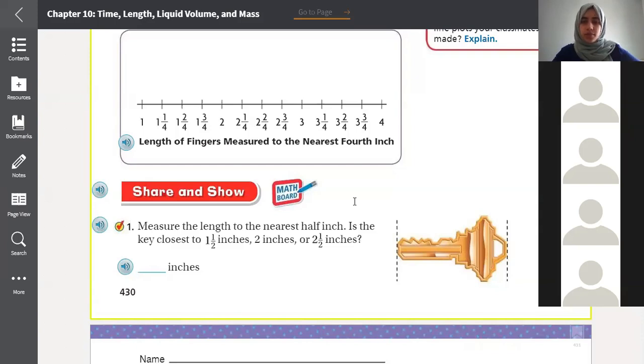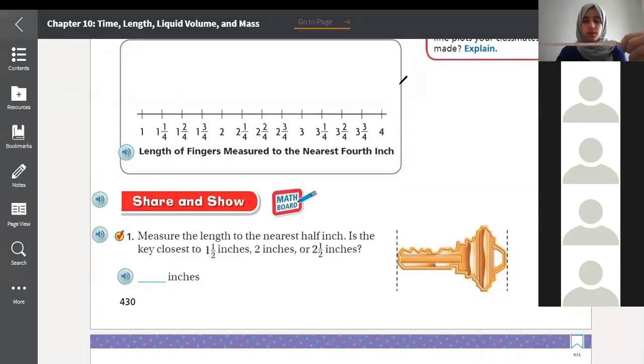So I'm going to use my measuring tape or a ruler to measure the key. I put the 0 next to the line and see where the key ends. For me, it's very close to 2 inches.